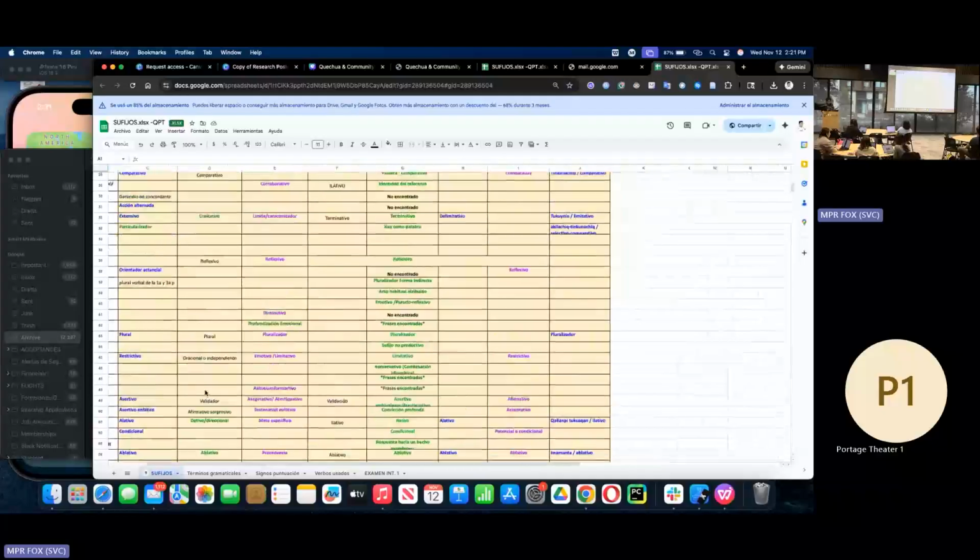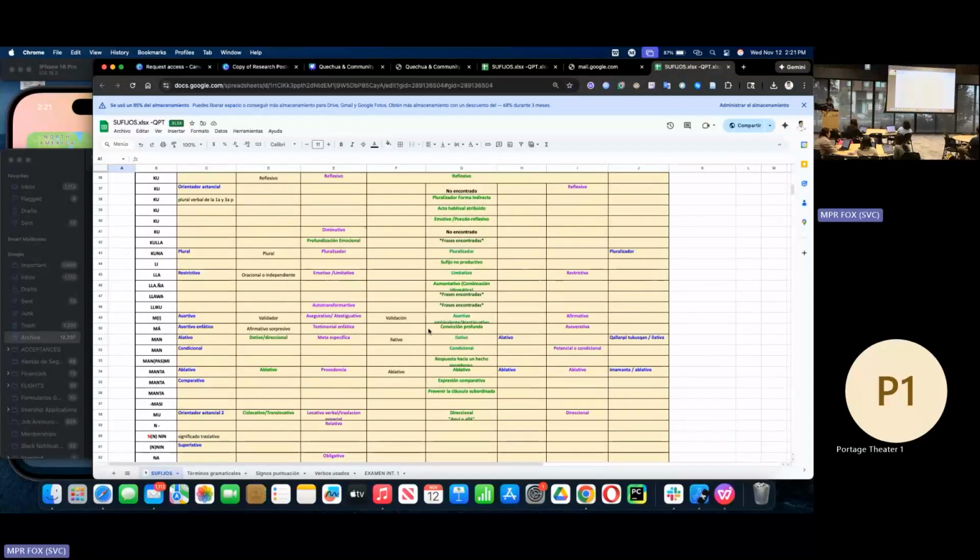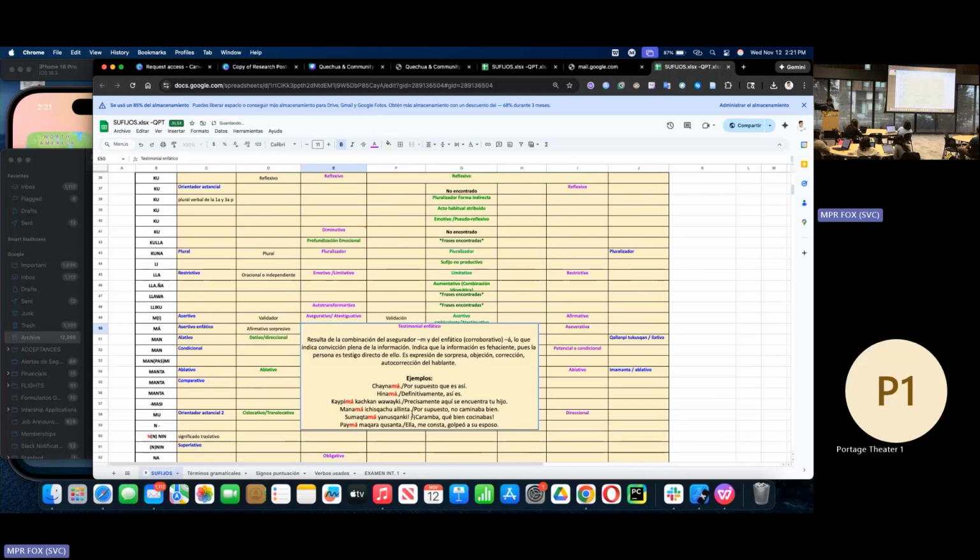But what happens here is that we want to understand what the different definitions are, what the different ideas are for each concept. For instance, here we are using the suffix ma, which means, for this specific author, precisely that, especially that. But other authors may have a different definition for it.